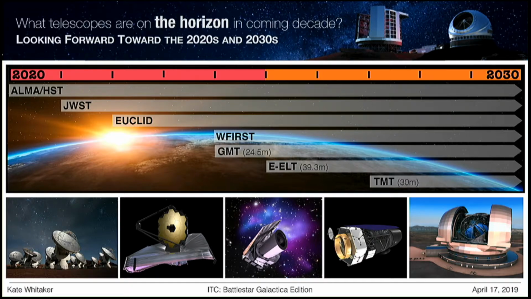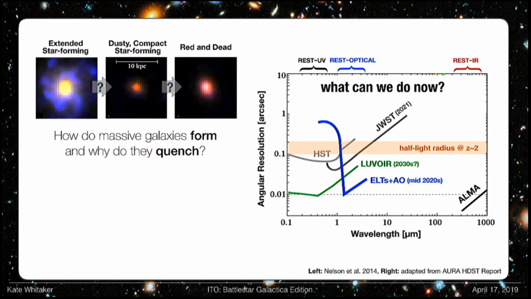And then we'll also get into this era of the 30-meter class telescopes. So where do those put us? Those are the things that are going to open up these new windows in terms of actually resolving down to individual giant star-forming complexes of galaxies across all of time. And this is really going to change our understanding of the morphologies of galaxies. But what can we do now?